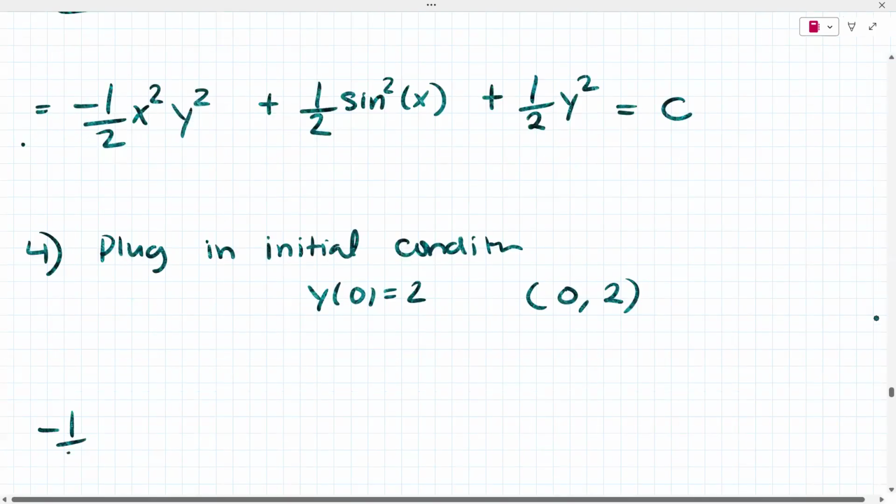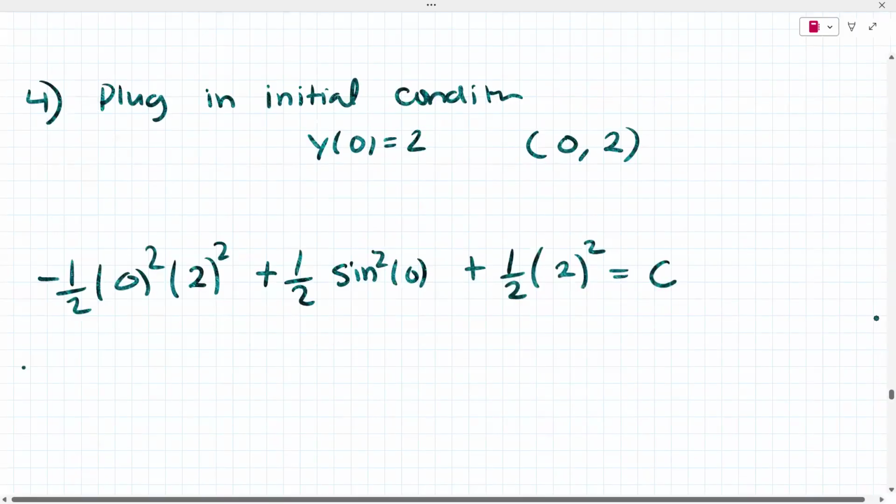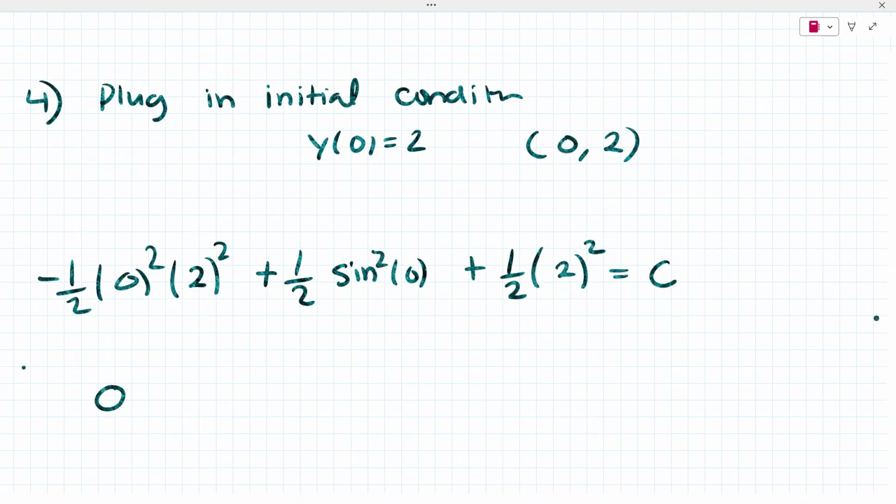It's going to be negative 1/2 times 0 squared times 2 squared, plus 1/2 sine squared of 0, plus 1/2 of 2 squared equals C. So this whole thing just becomes 0, I believe. Yeah, I believe sine of 0 is also 0, right? So this becomes 0. And then over here, we have 2 squared, 4, divided by 2. That's 2. So 2 equals C.